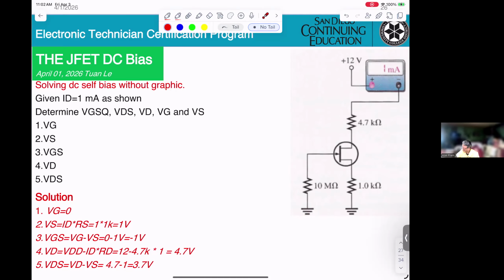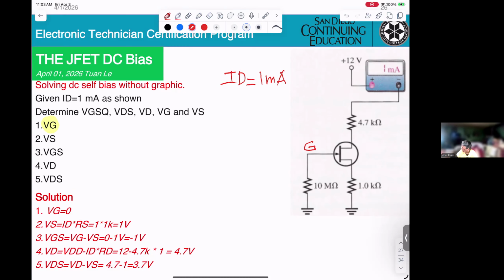Now, if without graphic, they have to tell you, and here they give you ID equal 1 milliamp. So first thing, they want to calculate VG. You know, G is right here.